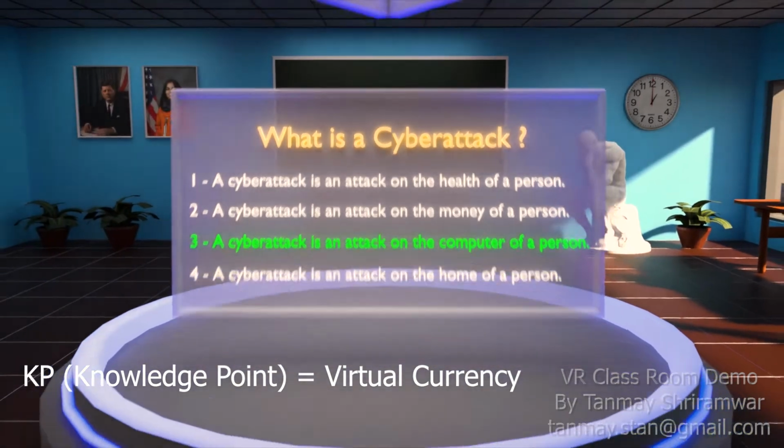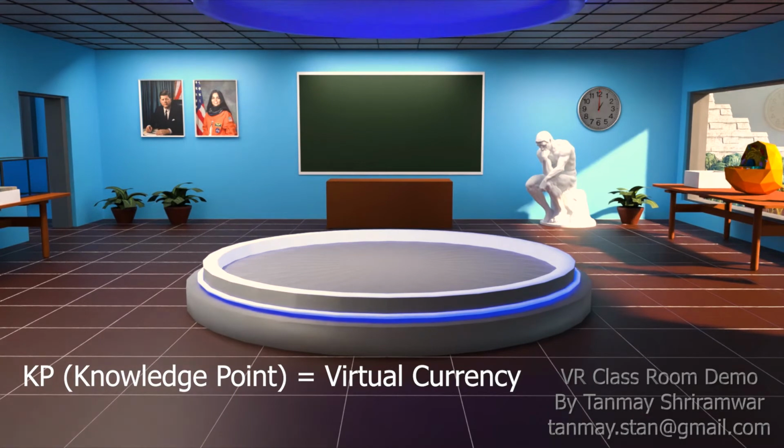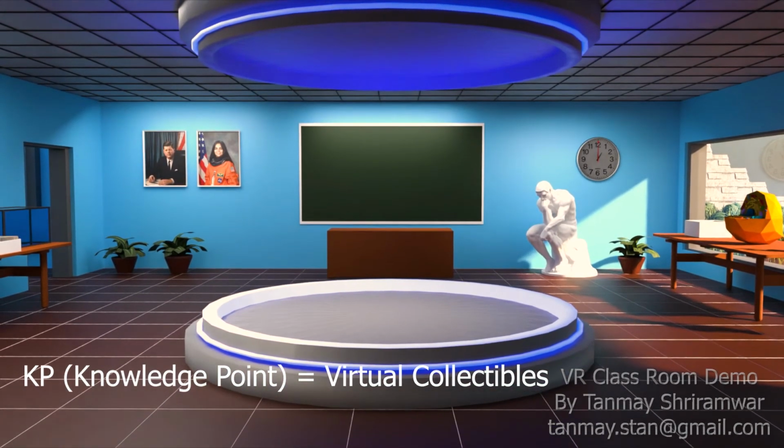Knowledge point is the virtual currency of this class, and with the KPs the student could exchange them for pre-approved articles related to his course and curriculum and place them around this classroom, like the statue that we saw earlier, the virtual pet, or the plant, or any other number of articles that he could add to customize this classroom for his liking.